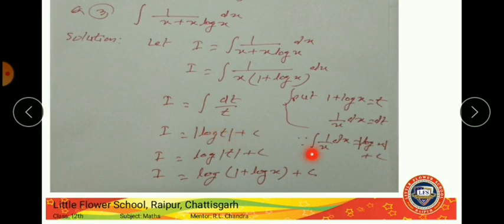We know that the integration of 1 upon x is equal to log x plus c, where c is the constant of integration. I is equal to log t plus c. Substitute the value of t. I is equal to log of (1 plus log x) plus c.